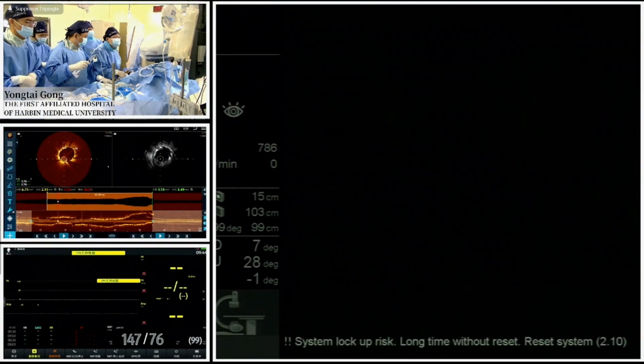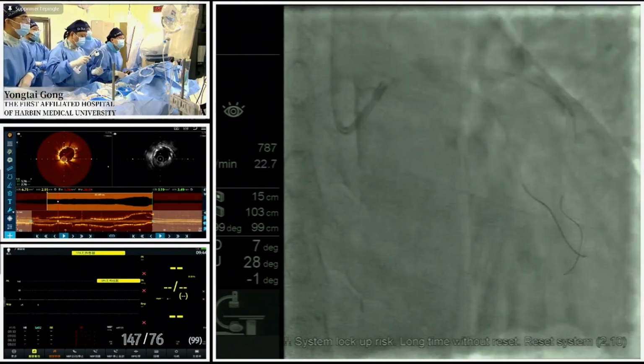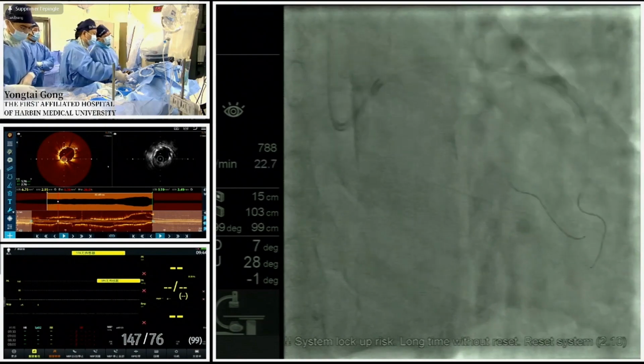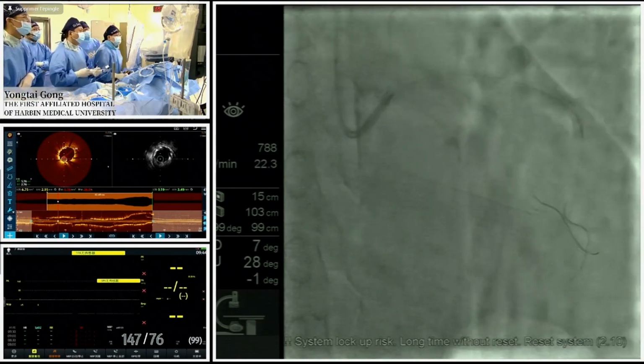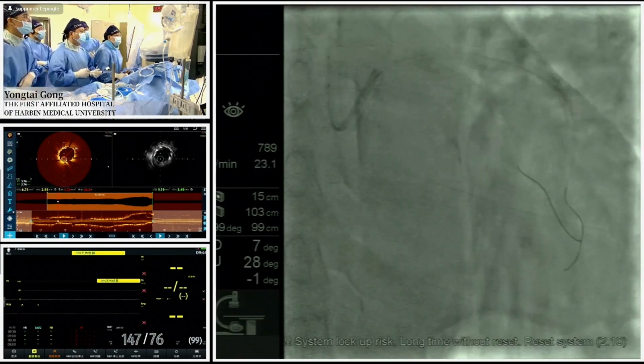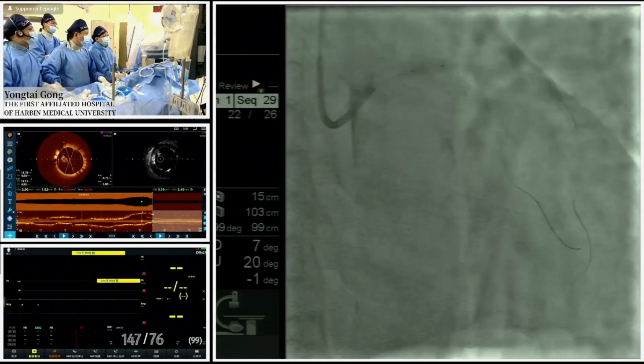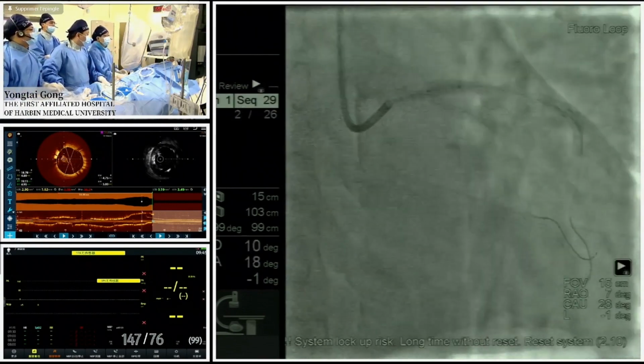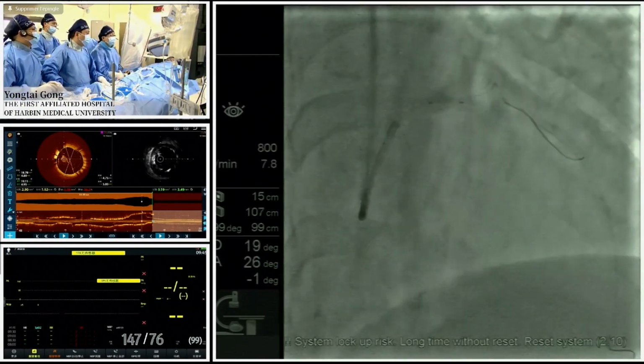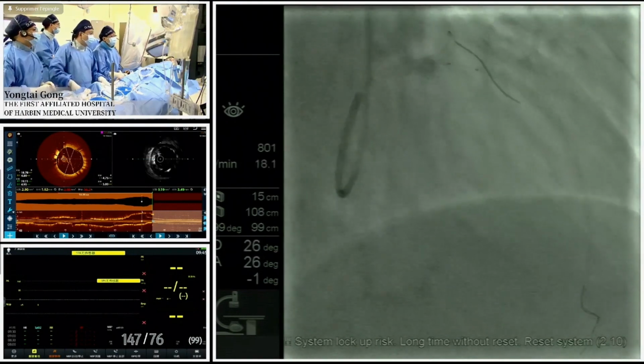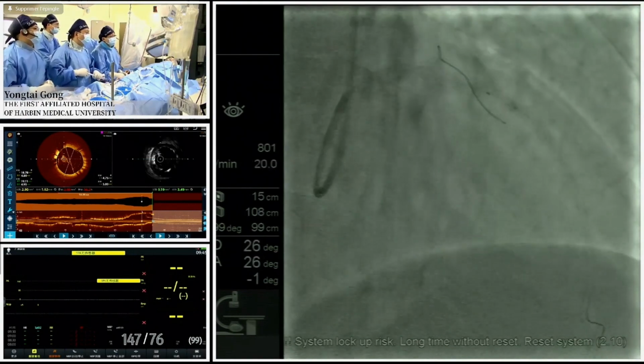Yeah, for this patient, I think the POT is super important, because after the POT it's kind of easy to deliver a wire through the ostium of the circumflex. Dr. Gong just tried to deliver the NC balloon to the LCX distal, but it was hard to cross the stent cell.